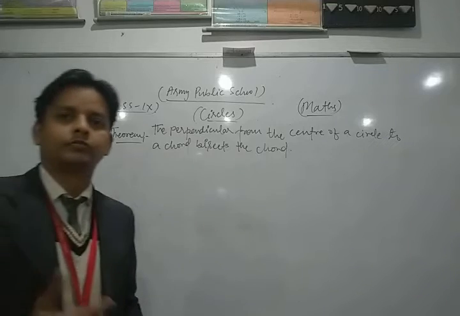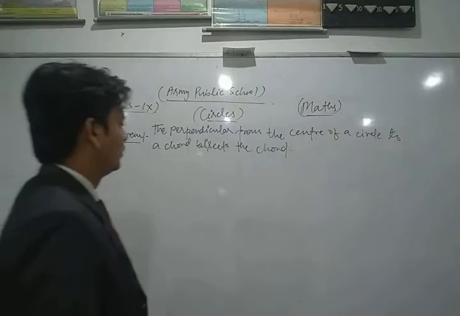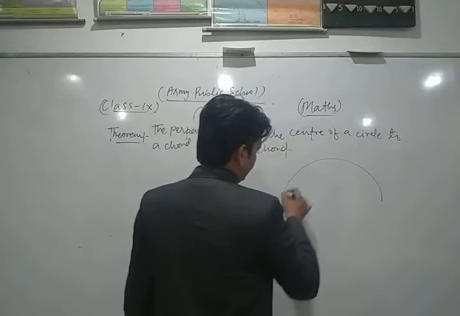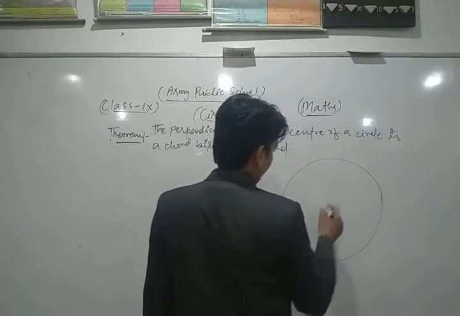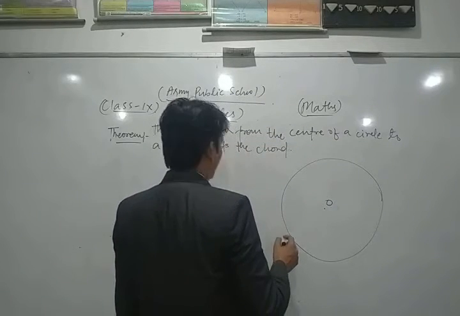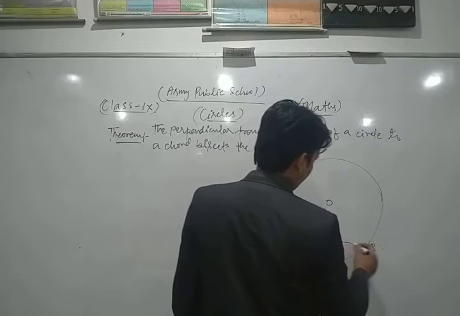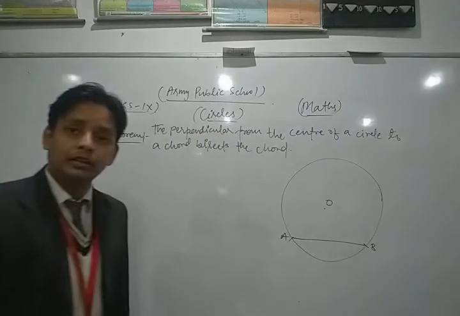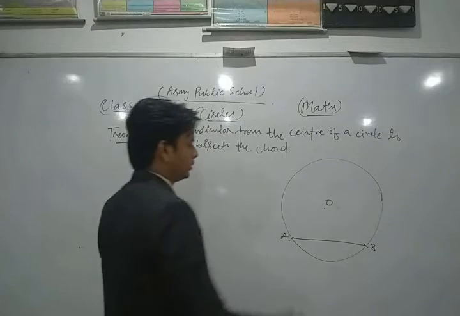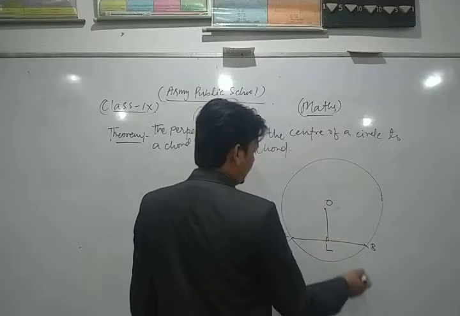Now look, first of all we draw a circle with center O and a chord. We take A and B as any two points on the circle and join them. So this is the chord. Suppose we draw OL perpendicular to AB.